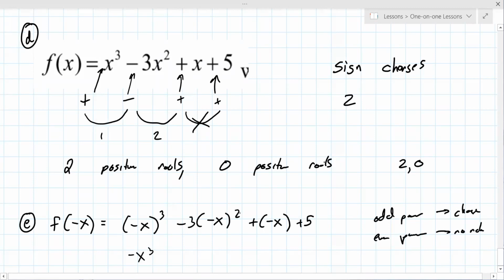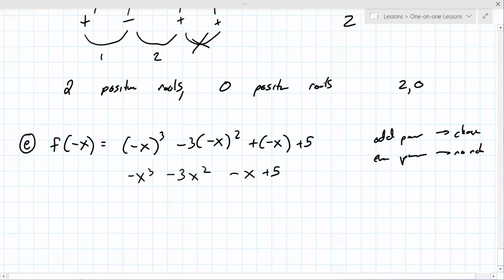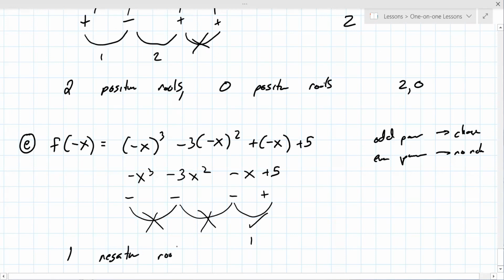Here, minus x squared, the minus x becomes positive, but you have a negative out in front, so this becomes minus 3x squared, minus x plus 5. So let's look at the signs. Negative, negative, negative, positive. Sign change? Nope. Sign change? Nope. Sign change? Yes. So there's 1 sign change, which means there's 1 negative root. Okay.